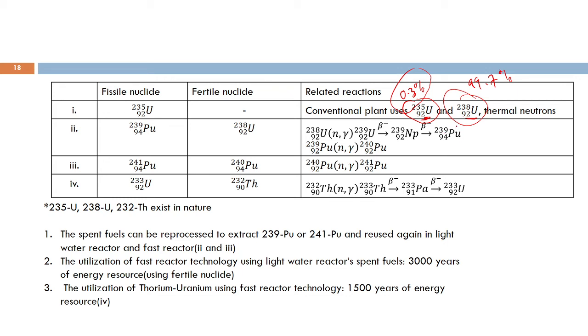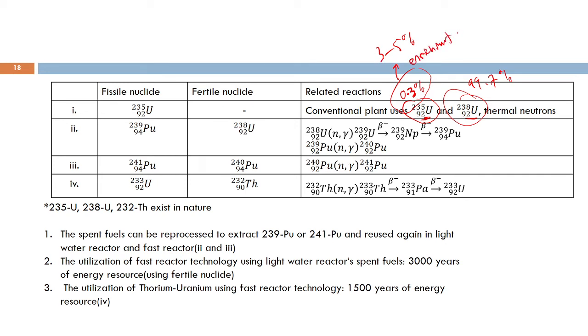to get a sustainable chain reaction, which is why you need to increase the fraction of uranium-235 to 3 to 5%. This process is called enrichment.